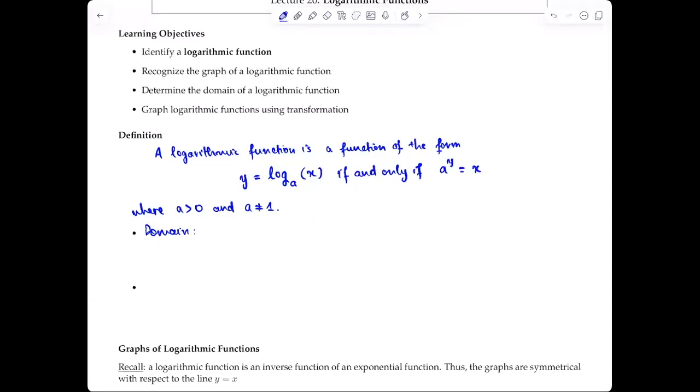Later on, we will deal with more complicated attachments, like 2x minus 3 or x squared plus 7x minus 5. Whatever you attach to the first two parts is going to be greater than 0. So the domain will change depending on the logarithmic function you are dealing with.